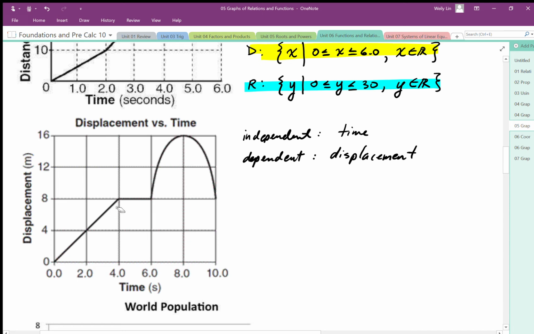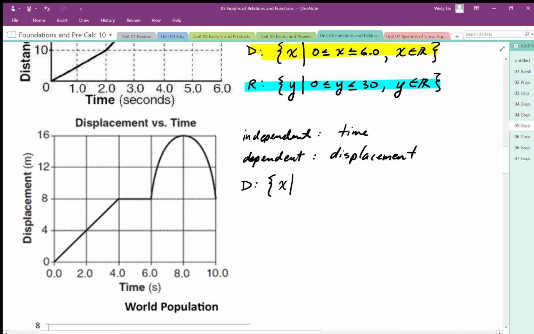And it looks here that our domain, our possible x values, can take on values from 0.0 all the way to 10.0. So how we write that is, we write these brackets, and this is just a formal way of doing it. We don't always write these formal brackets in, but we're going to write them in for now.